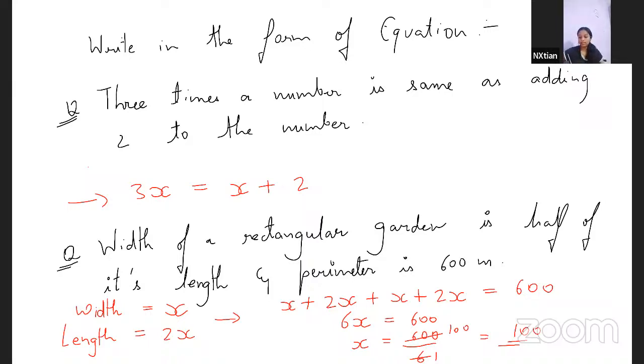Our width is 100, and length is 2x. So x is our width, and length is 2 times the width. So length is 2 into x, that's 2 into 100, which is 200. Okay, this is the length, and this is the width.